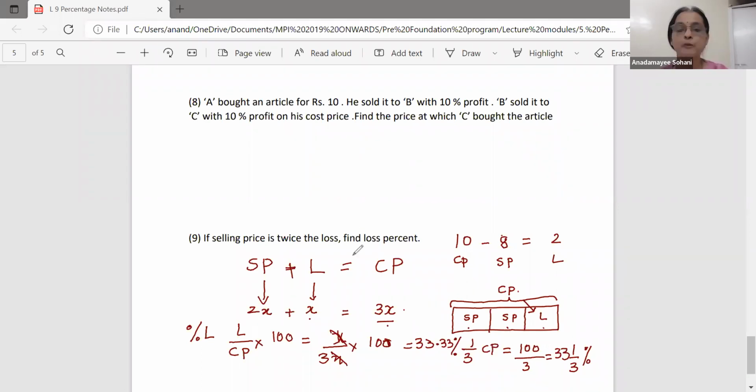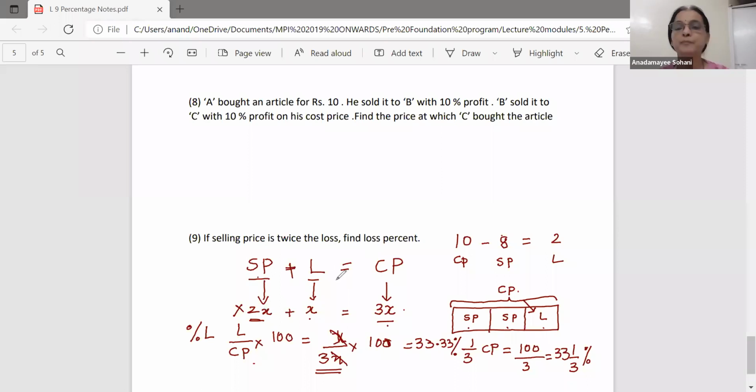Okay, we don't know the cost price, but we know the loss, we know the sale price. Using that, we found the cost price and then we found the loss on the cost price, not on the sale price. If we count it on the sale price, the answer will come wrong. Third way of doing is, you can consider the loss as 100 rupees.